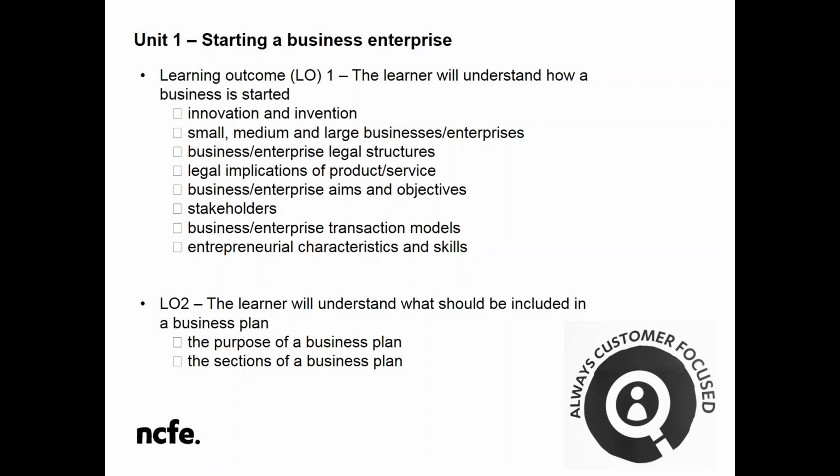Section 4, people and operations plan, so consider operational considerations, staffing, etc. And then a financial section with some forecasts, break-even analysis for the first year, etc.